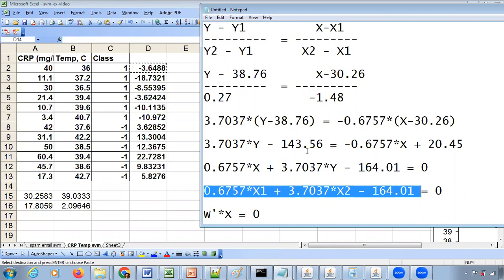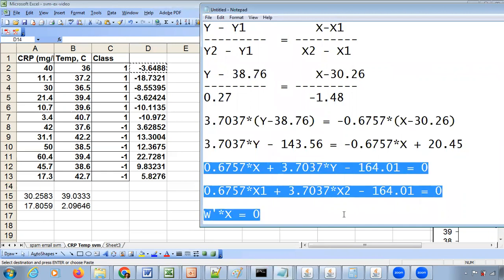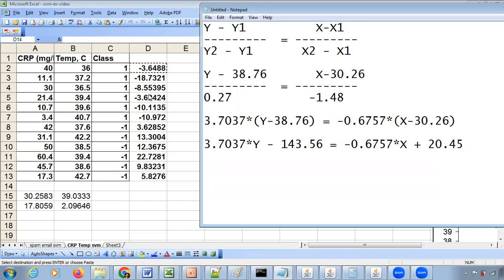If you just bring these to this side, as long as you get one, this is just the opposite of what we were expecting. We were expecting this all should be greater than 1, and this all should be less than -1. But remember, we are not doing this directly to get the w prime x in the raw coordinate system. We primarily did it for the normalized coordinate system, and this is just an extension to show that we can get the equation for the raw coordinate system as well.